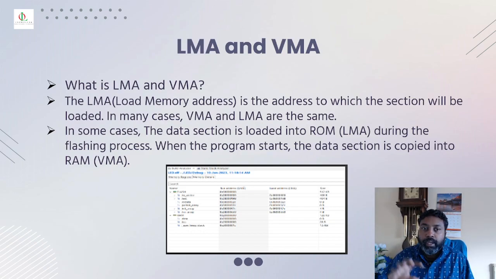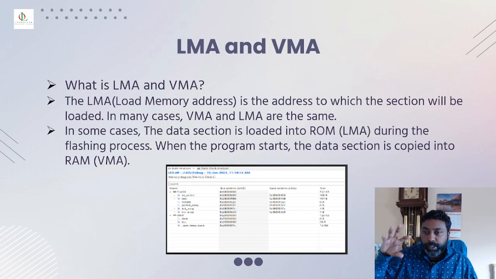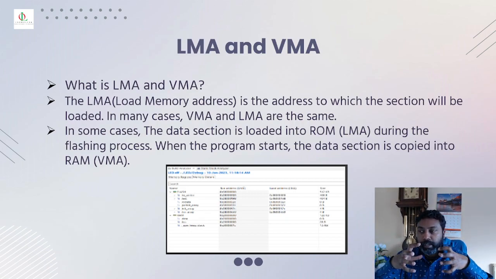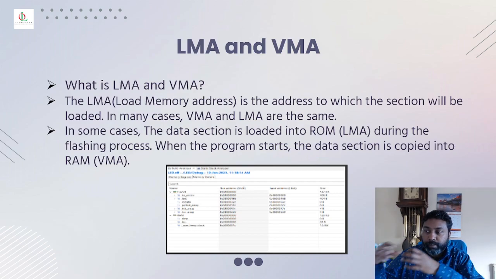If it is placed in the flash memory, then it's called load memory access. So it's actually loaded into that flash. But if you load that into a SRAM memory location, that's called VMA, virtual memory access, because it's outside the program memory. So that's what virtual means.